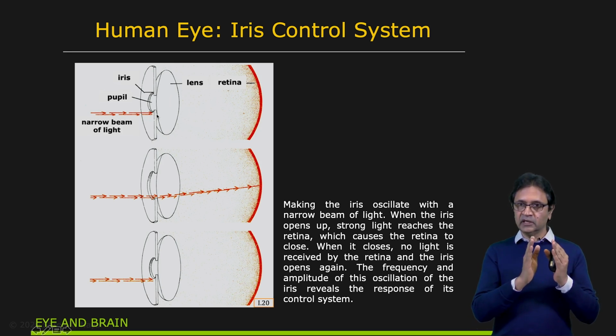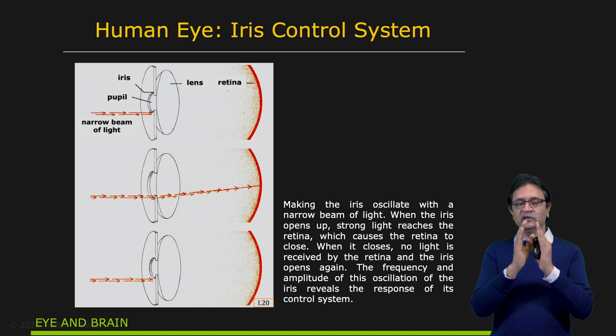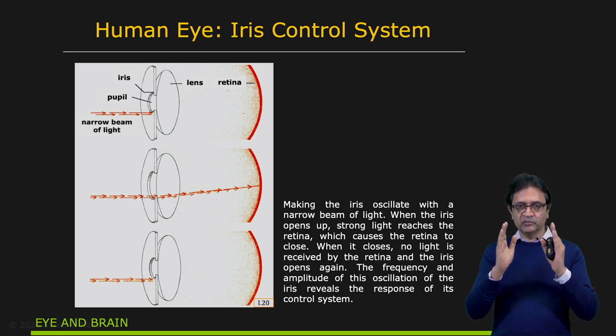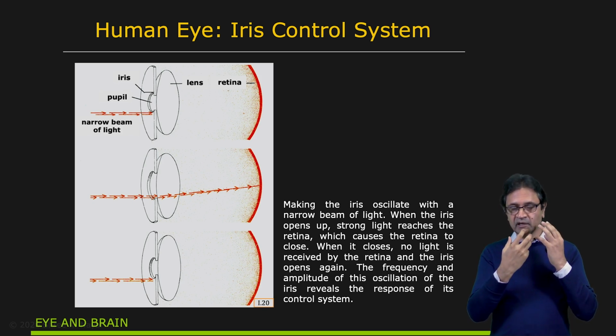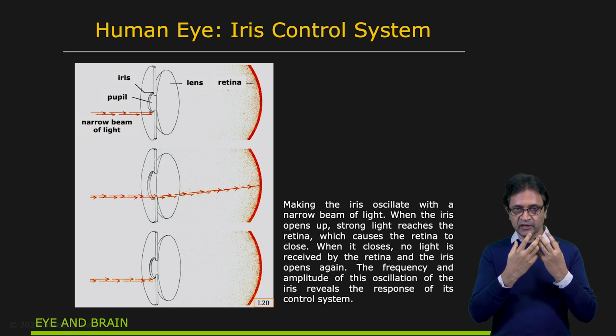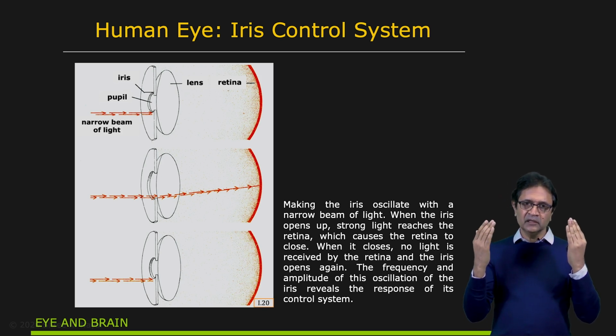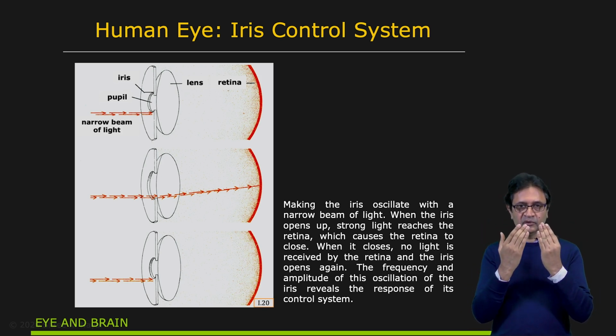As long as it is just outside the pupil, the eye doesn't receive the light, so the eye sees darkness, as a result of which the iris opens up and the pupil gets larger. And at some point, all of this light from the narrow beam just floods the eye, and so it's now really bright. And then the iris closes and the pupil gets smaller.